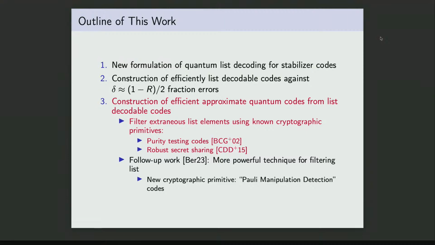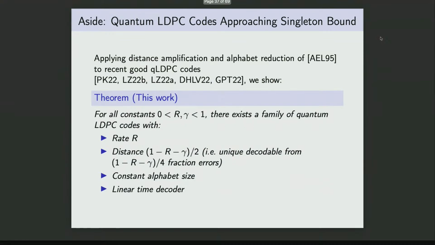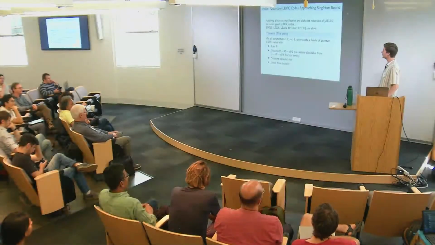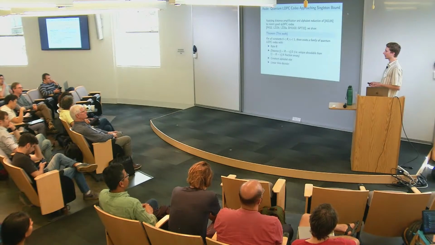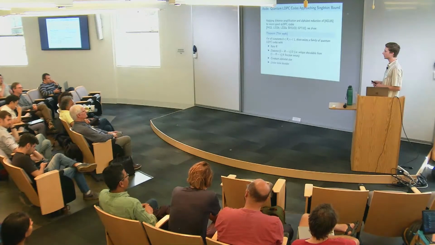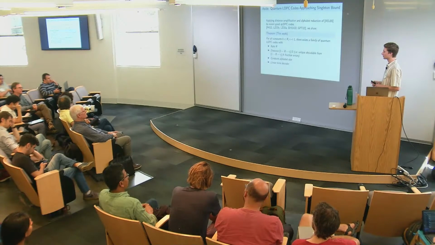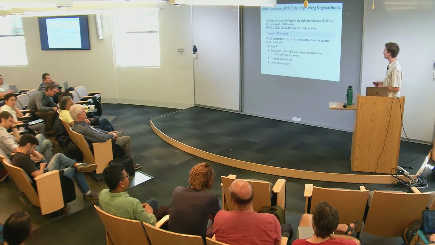So maybe I missed it, but why were you not able to apply the alphabet reduction before applying the CSS construction? I think the real reason is a bit technical. Basically, we need the orthogonality conditions to be satisfied. I see, and the alphabet reduction breaks the orthogonality. Yeah, if you naively do AEL, I think it'll break that.